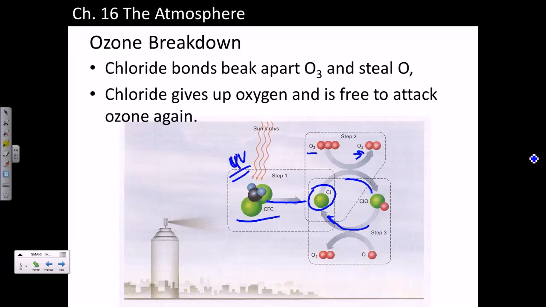In other words, it has a long residence time in the atmosphere, and so it's difficult to get rid of. Okay? And then its effectiveness is a function of solar radiation, so what latitude you're at in particular, and then to some degree with temperature of the atmosphere as well, so winter versus summertime conditions.